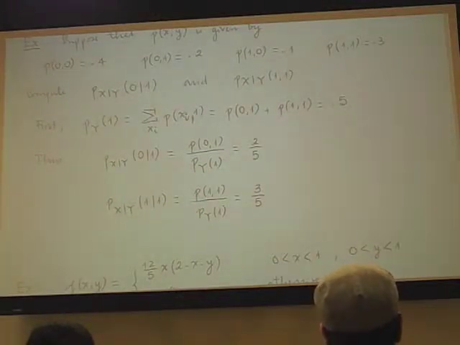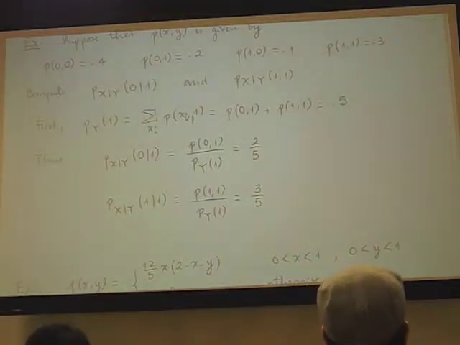Is everybody clear? And now, I'm going to use the formula that we just discovered. Probability of x given y is just probability of (x,y) right there over the marginal probability. So probability of (0,1), they told me that's 0.2, over p_y at 1, which is 0.5.